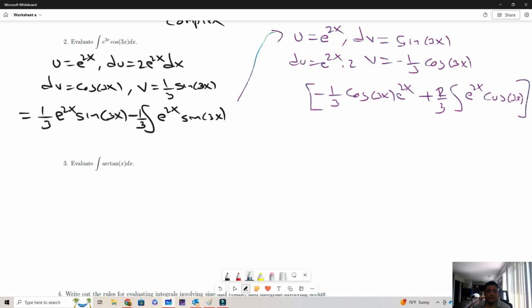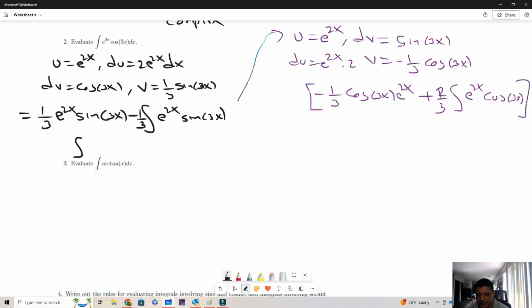And you might be confused because you are getting again the e to the 2x cosine of 3x. That is a fair question, but what you have to do here is fold this in with the original. What do I mean by that? Let's rewrite all this.